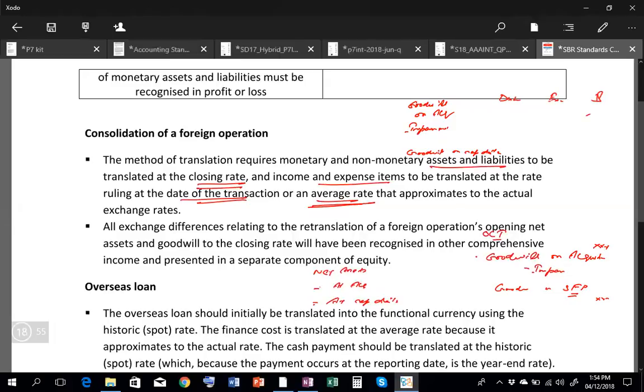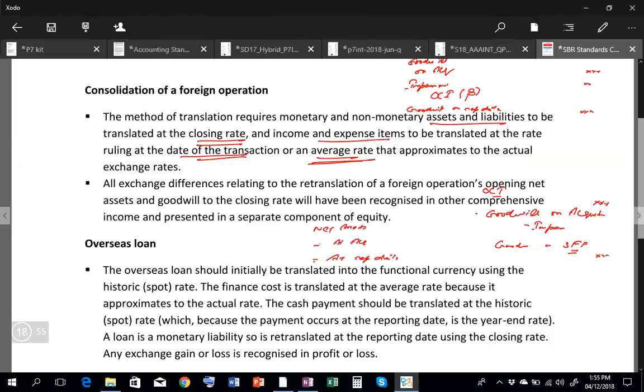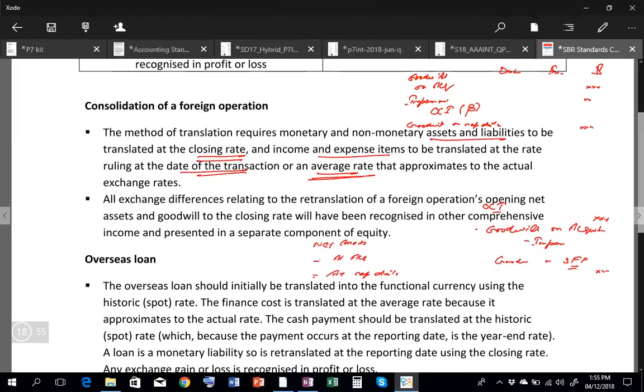You have calculated goodwill on acquisition using the acquisition rate. Impairment is again the income statement element, so average rate. Similarly, you will be calculating the goodwill on reporting date by the closing rate, and then there will be a balancing figure. That is the exchange gain or loss that should be recorded in other comprehensive income. Similarly, you will be doing the same working for the net assets.